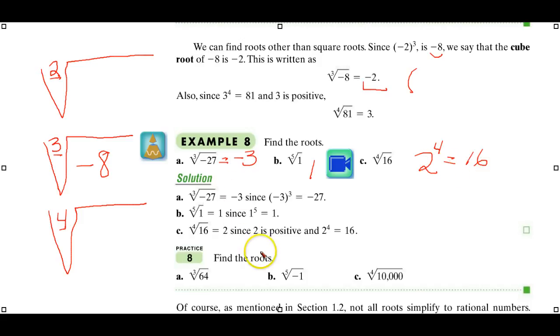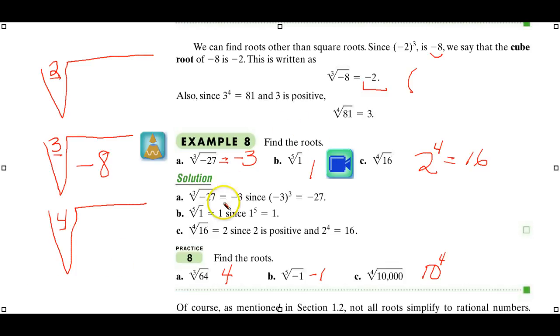And they show you these here. Now the third root of 64 is 4. The fifth root of -1 is -1. And the fourth root of 10,000 is 10, because 10 to the fourth is 10,000.